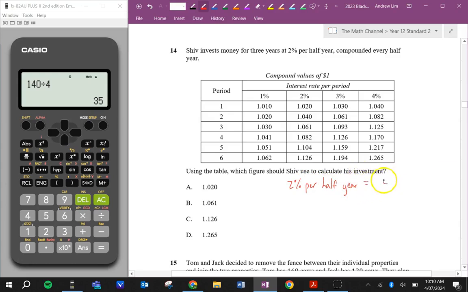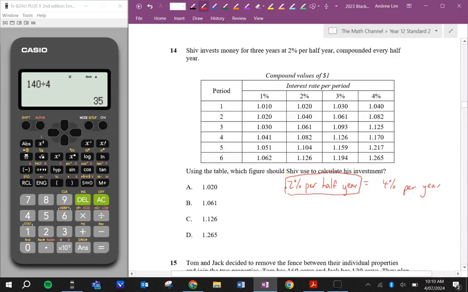That tells me it's 4% per year. Compounded every half year. And because it's compounded every half year, we should be using this one.